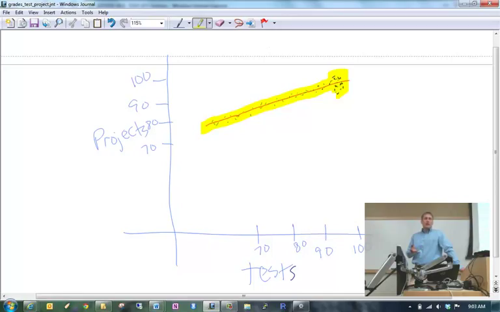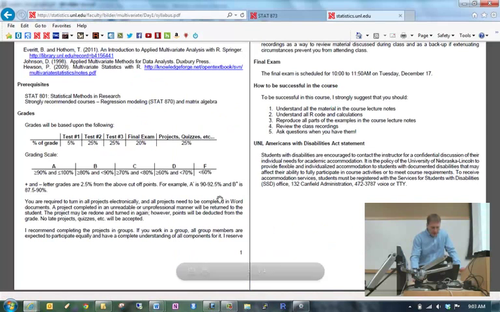So what that means is that typically students will score higher, sometimes even much higher, with the projects than they will with the tests. Given that, from the syllabus, 25% of your grade is the projects and the remaining is the tests, it is very concerning if you end up doing, let's say, a C or lower on the project.